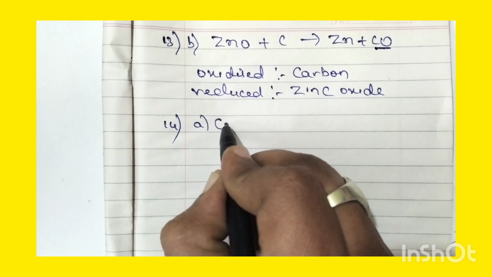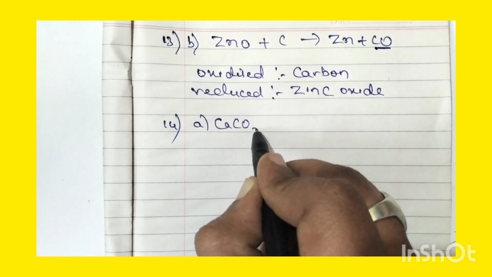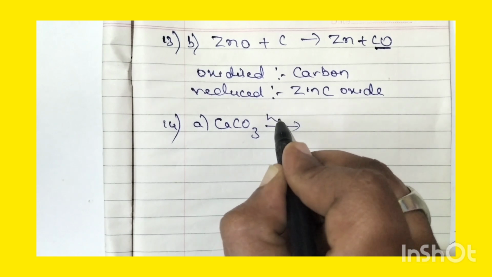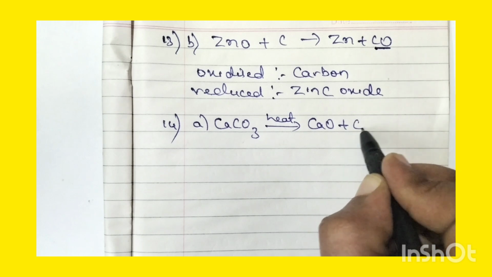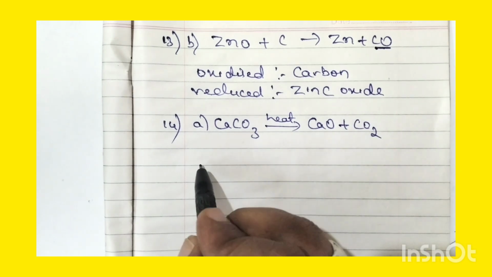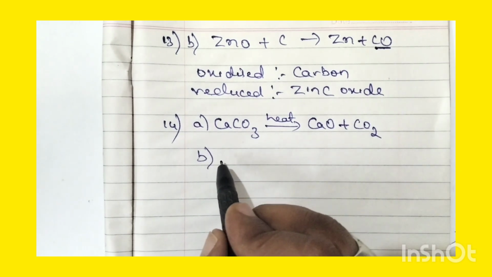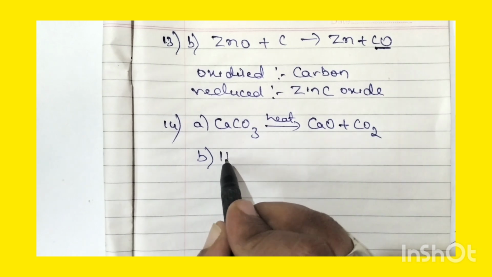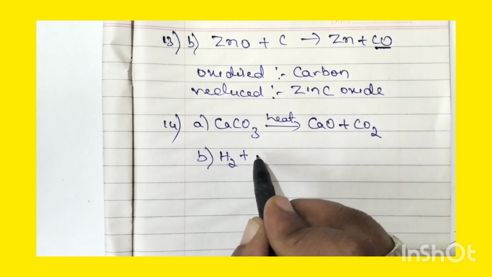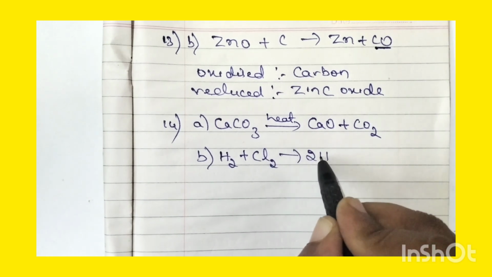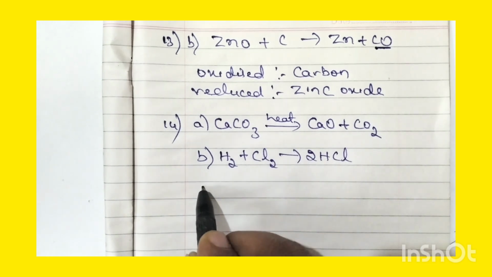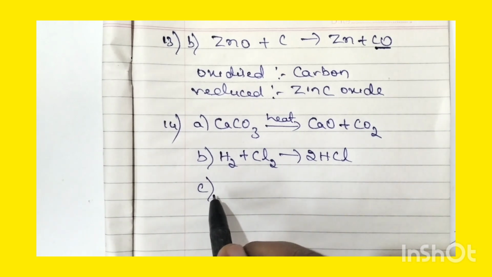Calcium carbonate, CaCO3, when heated, forms calcium oxide, CaO, and liberates carbon dioxide. So CaCO3 gives CaO plus CO2. Second, hydrogen reacts with chlorine to form hydrogen chloride: H2 plus Cl2 gives 2HCl.